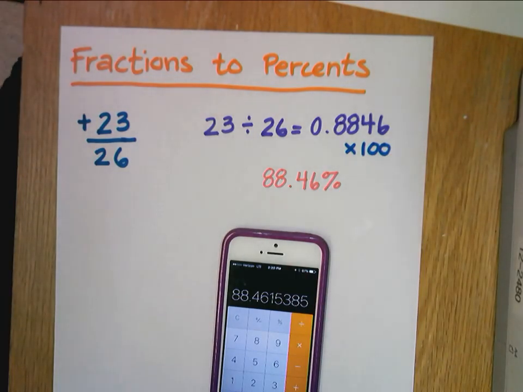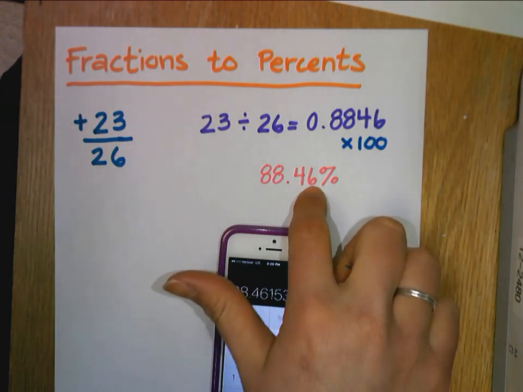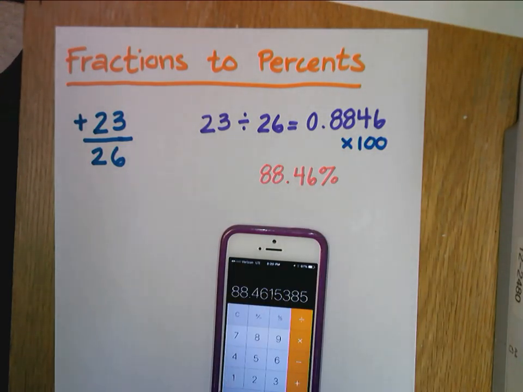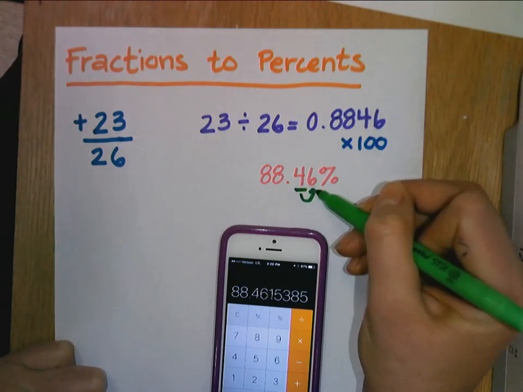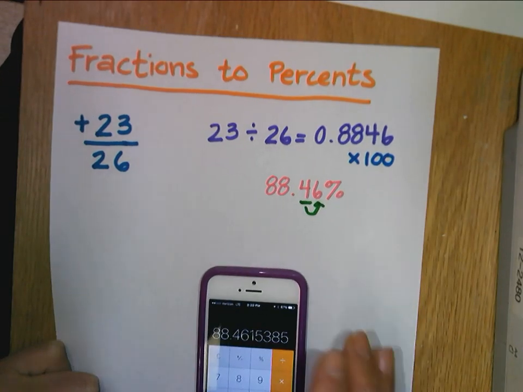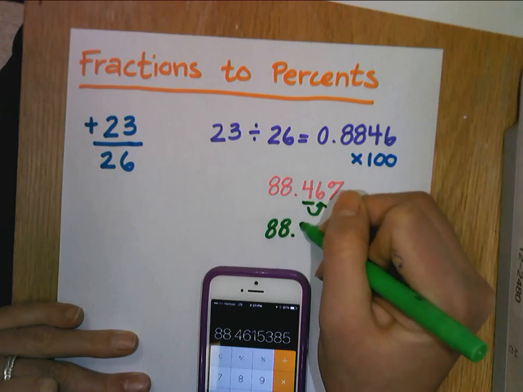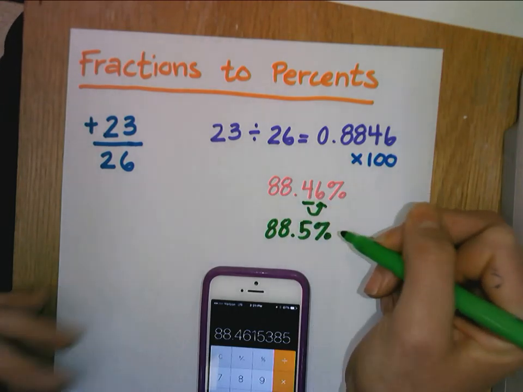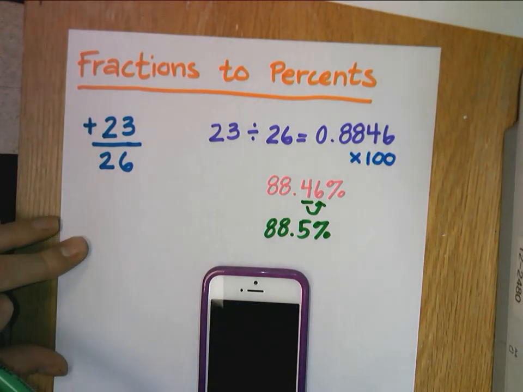Now, whenever I'm doing percentages for grades and whatnot, instead of rounding to the hundredths place, I usually like to round to the tenths place. So I'm going to look at this tenths value of 4, and it is going to round up because my 6 is 5 or greater. So the rounded percentage of this quiz score would be an 88.5%. So if you got a 23 out of 26 on a quiz, you would be getting a B.